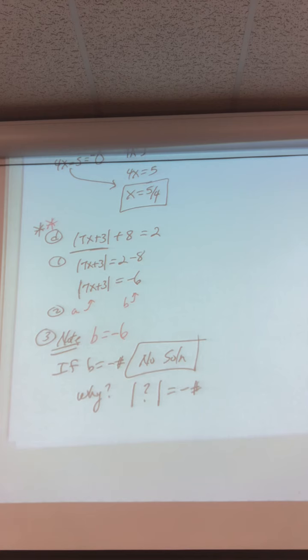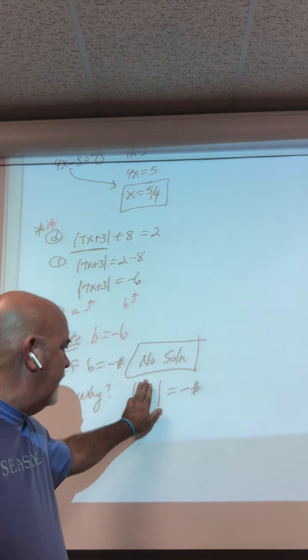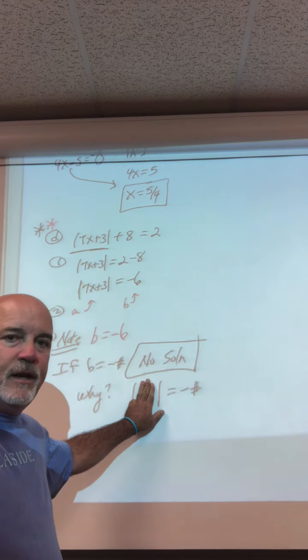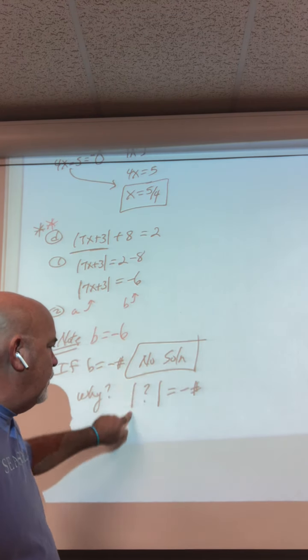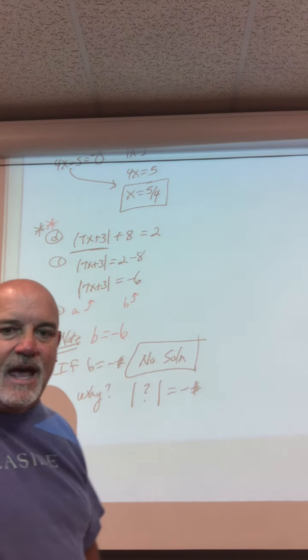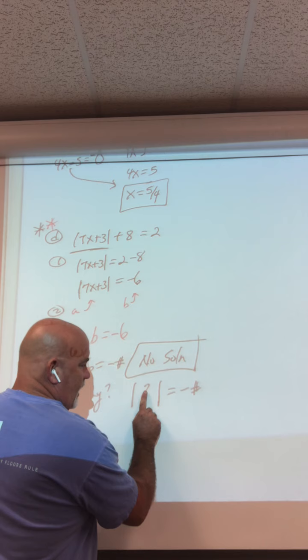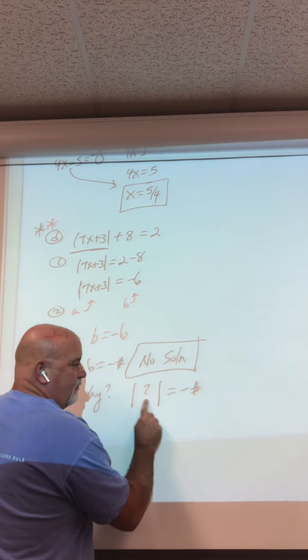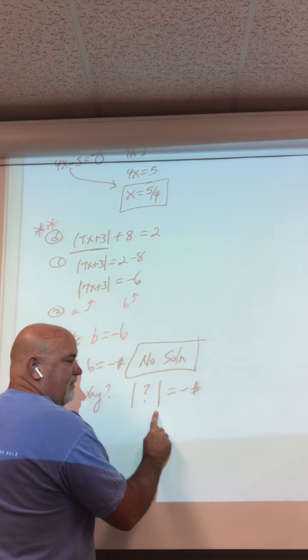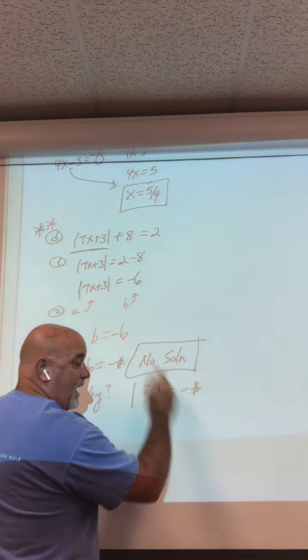Question. What can you put in right here in this absolute value so that when you get the absolute value, you get a negative number? Is that possible? No, it's not. Here's why. I don't care what number you give me, if I take the absolute value of it, can it ever be negative? No, it's always positive.